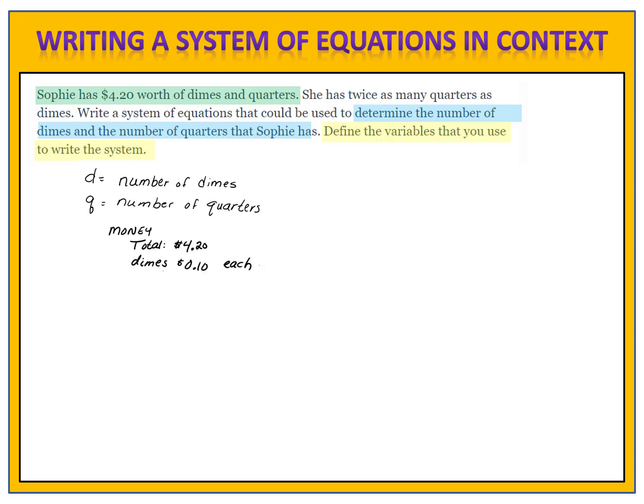Dimes are worth 10 cents each, and quarters are worth 25 cents each, which means the amount of money she has from dimes is 10 cents times the number of dimes, and the amount of money she has from the quarters is 25 cents times the number of quarters. See if you can write an equation that represents the total amount of money in terms of the dimes and the quarters. Please pause the video here and come back when you're ready to compare your answer.